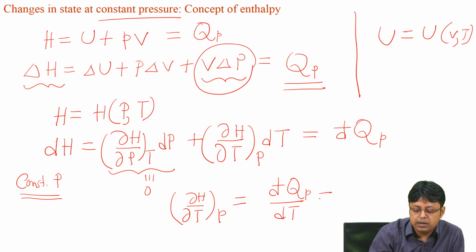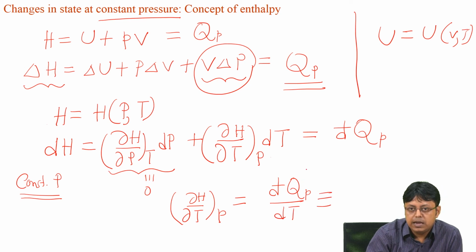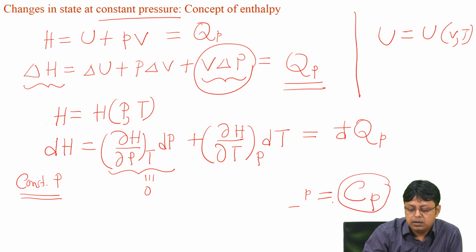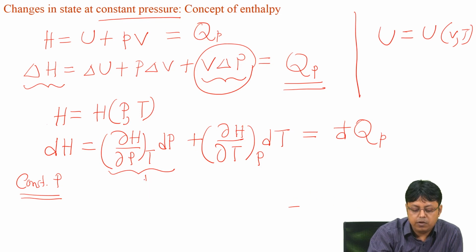Now, this quantity is nothing but the heat change per unit rise in temperature when the process is carried out at constant pressure, which means this is the heat capacity at constant pressure. This definition of heat capacity can be used in the original equation, where we can now write the total derivative for any process.